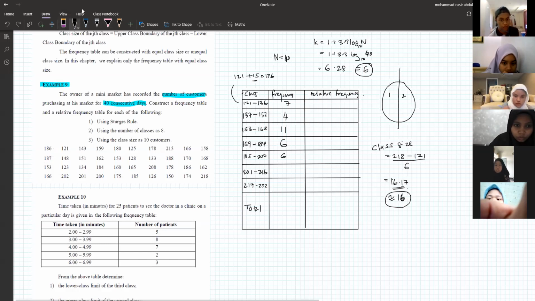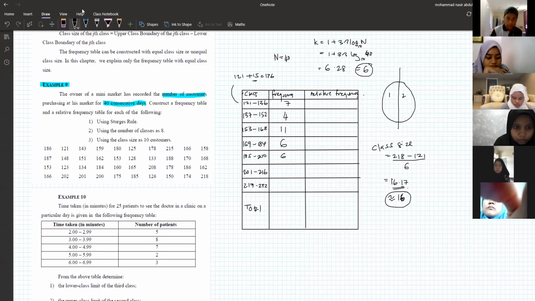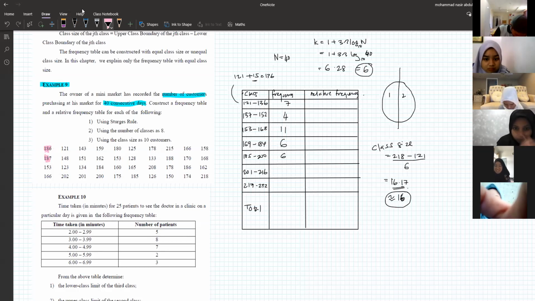Can you count carefully? This one, 180. 184 is not included. 200 is included.